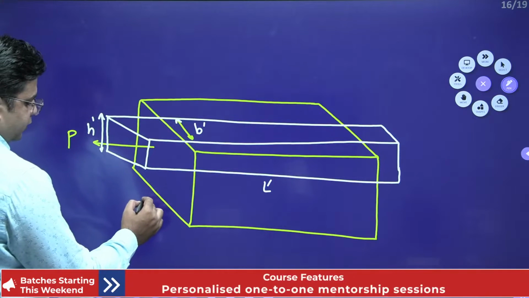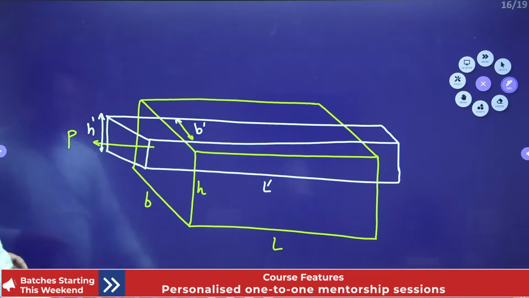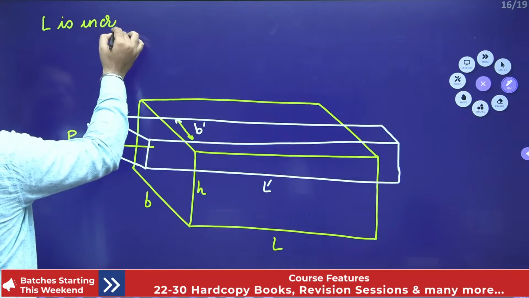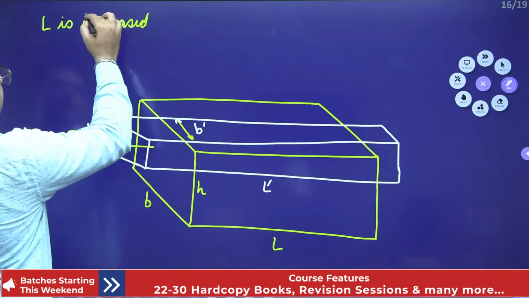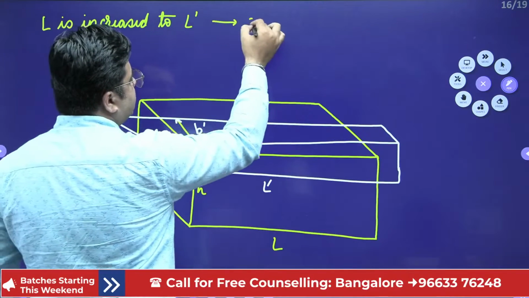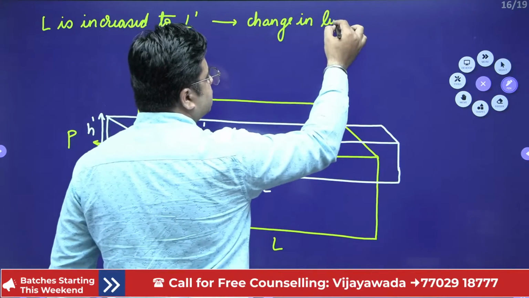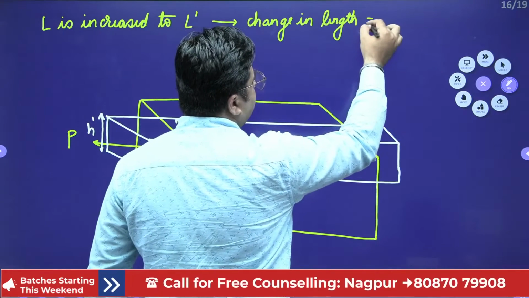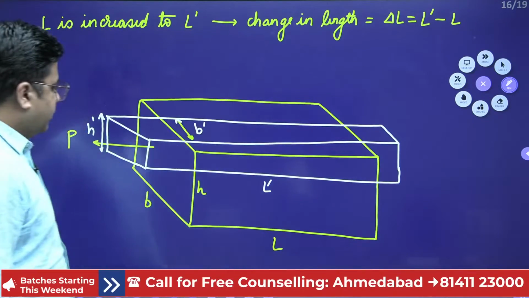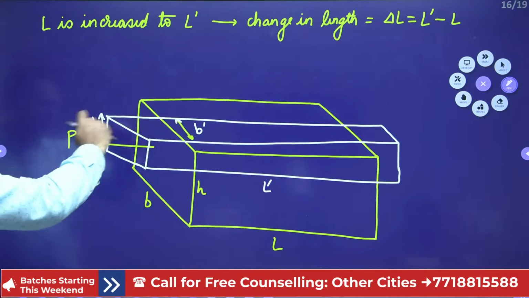Earlier the width was B, height was H, and length was L, right? So L is increased to L dash. So we write change in length delta L, which is nothing but L dash minus L. But due to this tensile load, your other two dimensions are reducing.